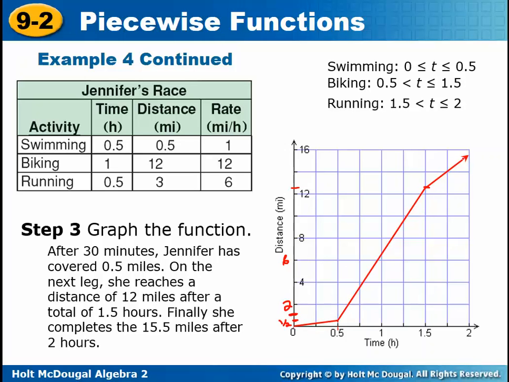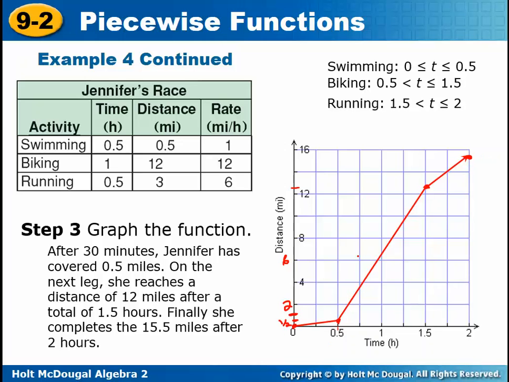Okay, then finally she started running, and she ran for the next half hour, and she went 3 miles. So we have to take the 12.5 and add 3 to that, which gets us to 15.5. So I would start by putting the points on there and then connecting them.